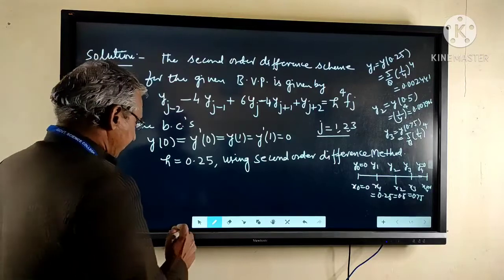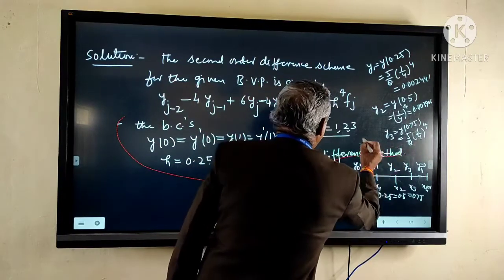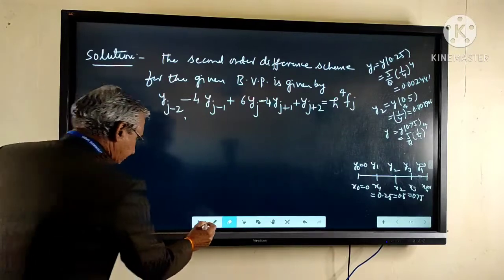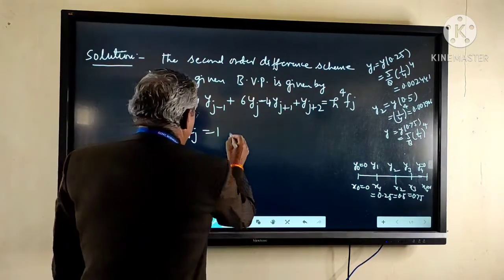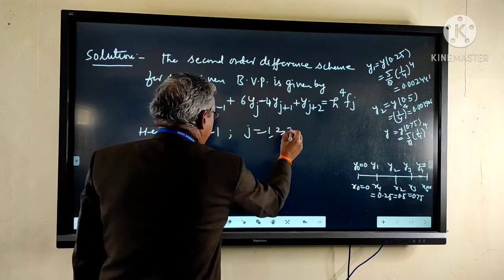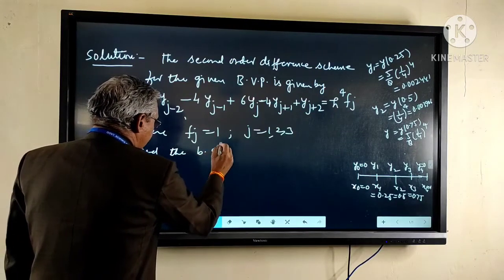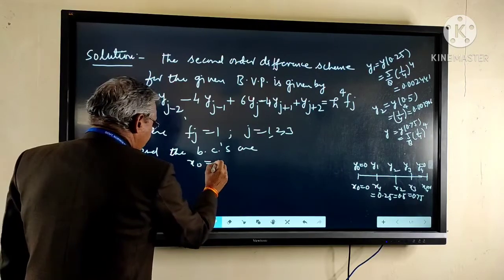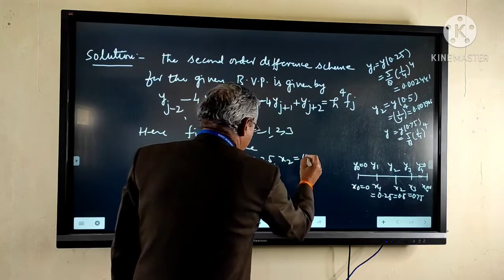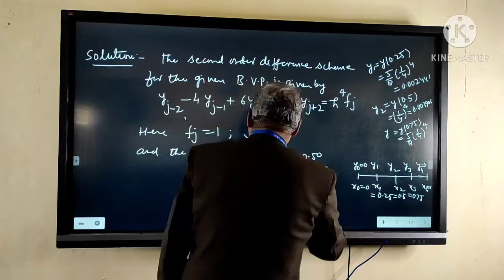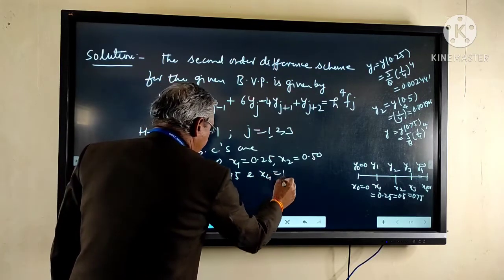Then here f_j equals 1, j equals 1, 2, 3, and the points are x0 equal to 0, x1 equal to 0.25, x2 equals 0.50, x3 equals 0.75, and x4 equals 1.